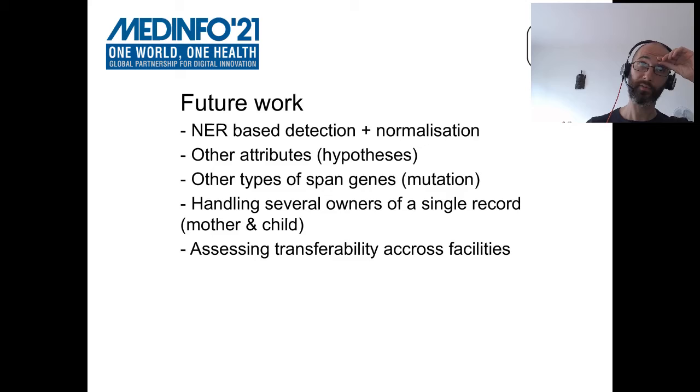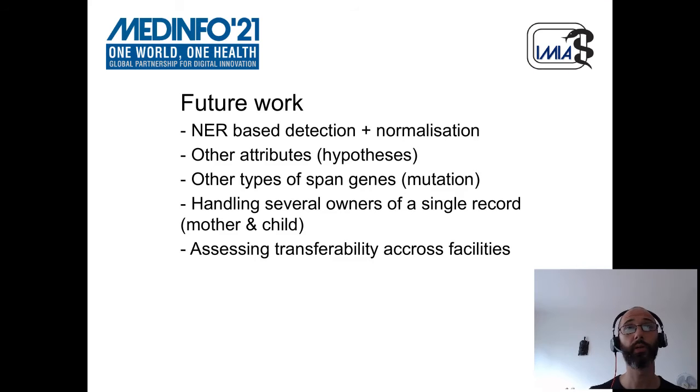Now about our future work. We plan to improve our model by replacing the first part of the pipeline, which is based on matching, by a detection based on named entity recognition, and then we would need normalization in order to find back references in lexicons. We also plan to add other attributes to our prediction system, namely hypothesis, and maybe other types of span, such as gene prediction and mutation as an attribute.